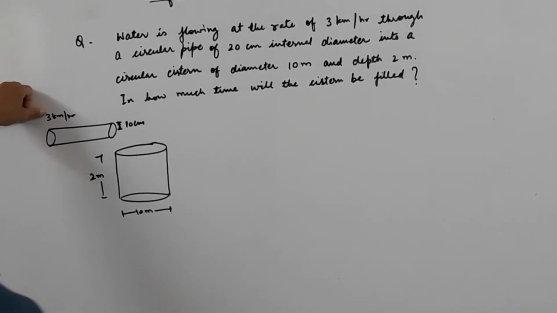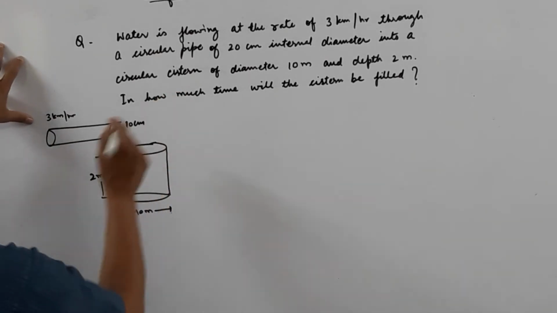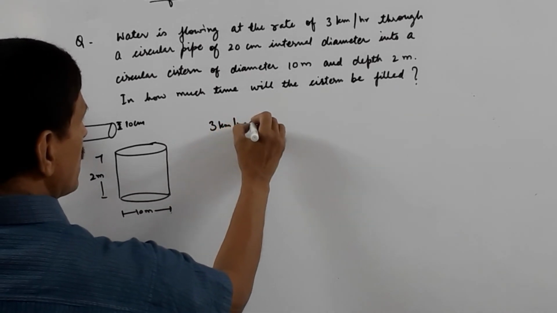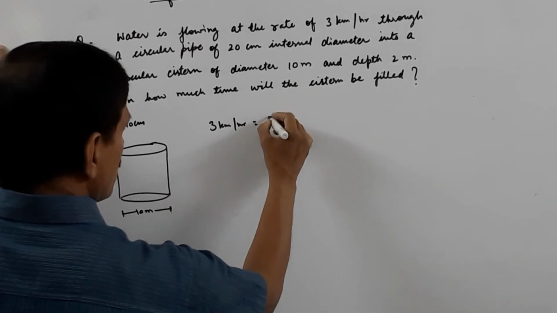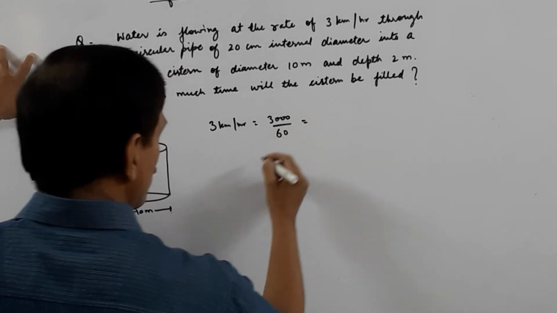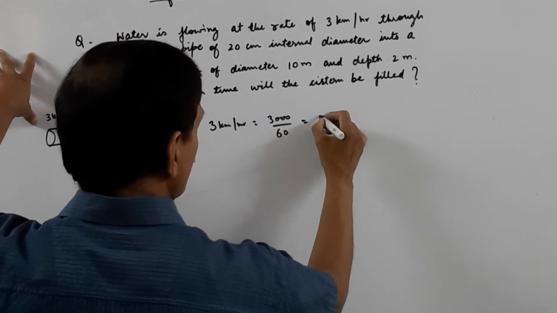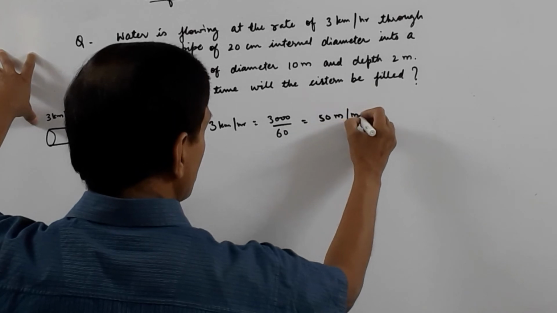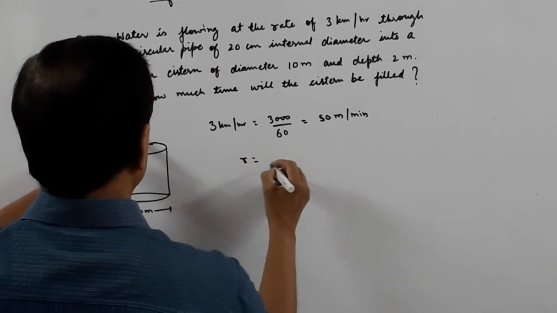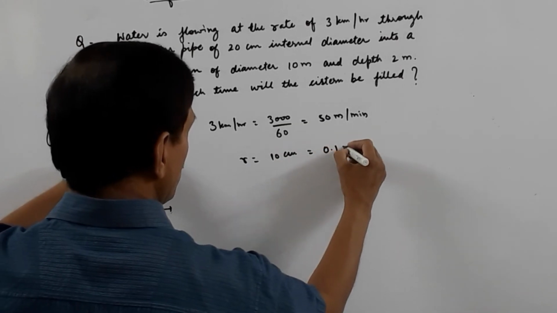We can convert this 3 km per hour into meters per minute. So 3 km per hour is equal to 3000 upon 60, and that is equal to, zero cancel, 50 meters per minute. Radius is equal to 10 centimeter, which is 0.1 meter.